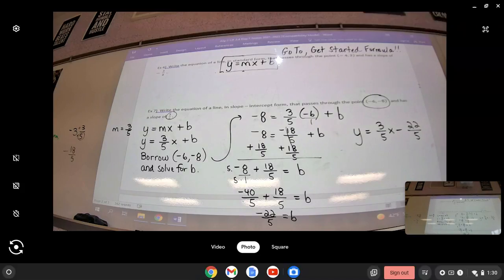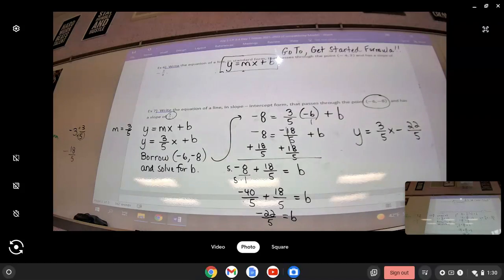Remember here, you had -8 equals 3/5 times -6 over 1 plus b. So then this becomes -18/5, and you had to add it over. So where did you go from here? -8 and 18/5. Did you do that? No, I just realized. No, do it again. Oh yeah, look.